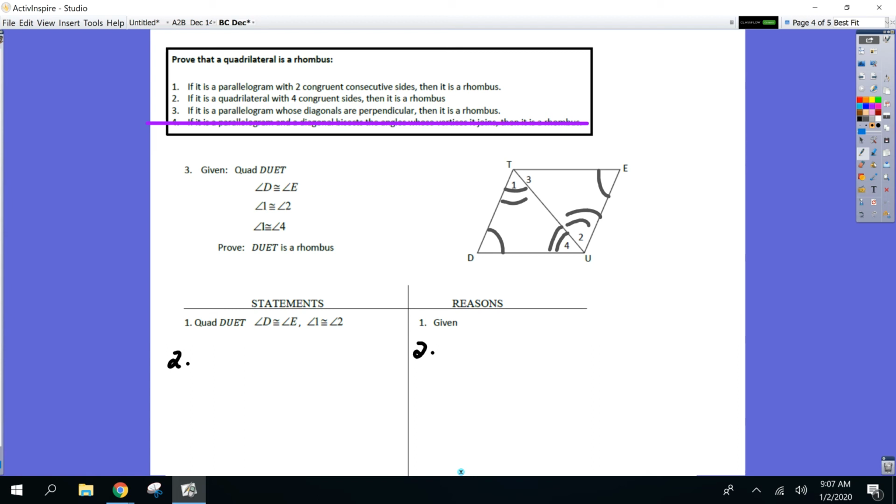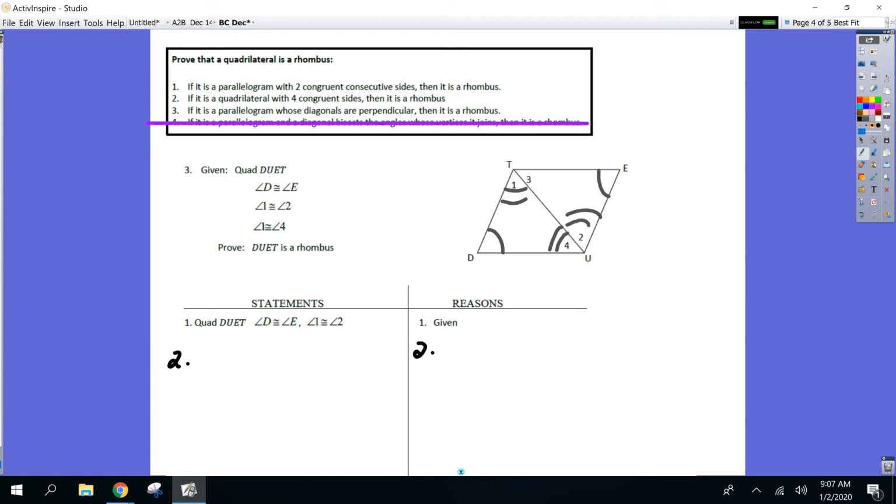TE congruent to EU, congruent to UD, congruent to TD. Can I get all 4 sides congruent all at once? Anybody think we can? I don't know, guys. Looks like that might be tough, huh? I don't think we're going to do it, right?